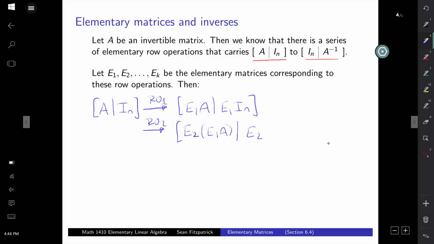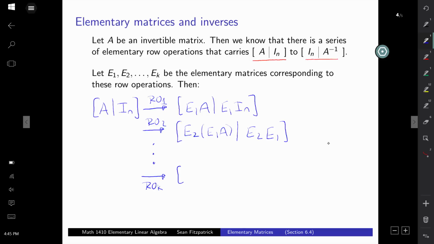And on the right, I've got E2 times E1 times the identity, right? But multiplying by the identity does nothing, so we can leave it out. And then we continue on, and we keep doing steps until we get down to some last row operation, K.